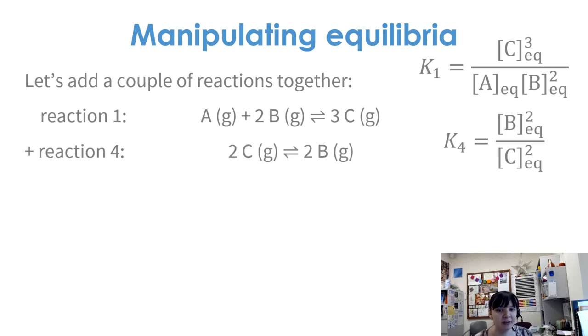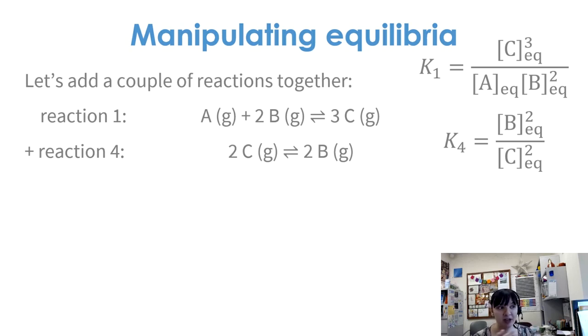Now I have a fourth reaction, which reads as 2 moles of C producing 2 moles of B. The equilibrium constant expression for this fourth reaction I have written off to the side as B squared over C squared, again just mimicking products over reactants to whatever power the molar coefficient is.